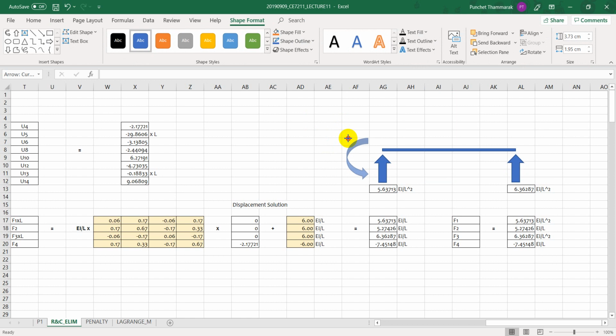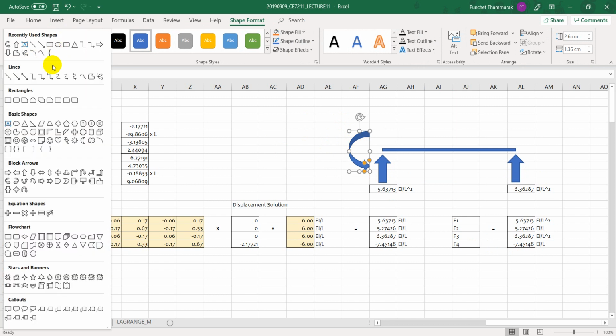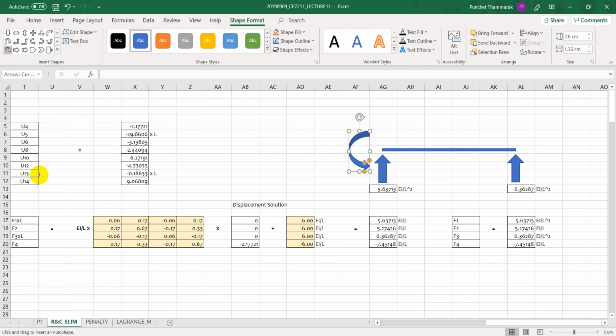Seems a little too big. And then on the other side you get the negative, so it is clockwise. Okay, reduce it down a little bit.